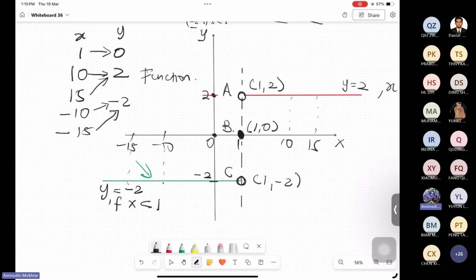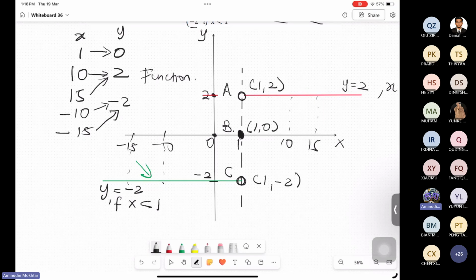This function is similar to figure 1.3. If you can see, there is many-to-one, despite one-to-one. There are many-to-one in this case. But the main point here is one x can only produce one y.